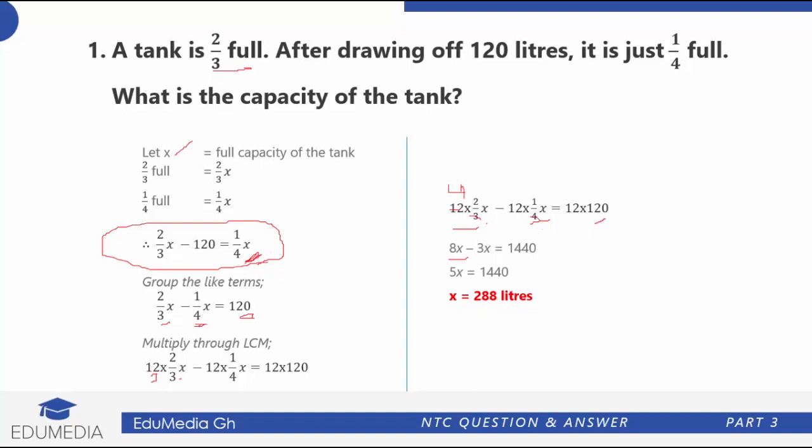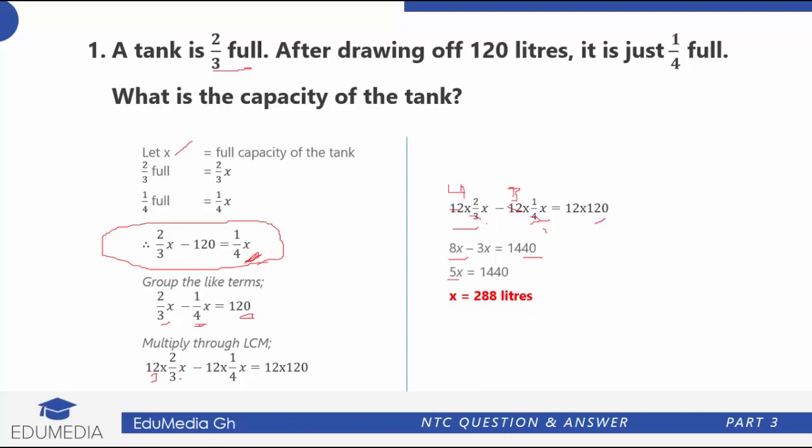Then 4 will go into 12 three times, so 3 times 1x is 3x. Also 12 times 120 gives us 1440. So 8x minus 3x gives us 5x. We now have 5x equals 1440.